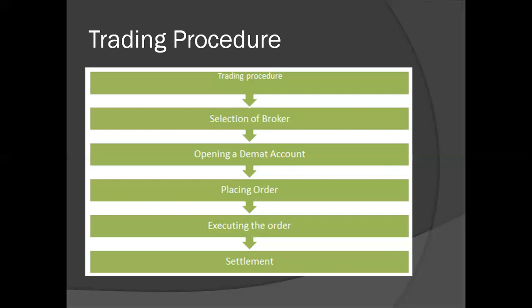Now we should move on to the third step. So we have selected a broker, we have opened a demat account. Now we are in the third stage where we have to place the order. You can place a limit order or a market order.